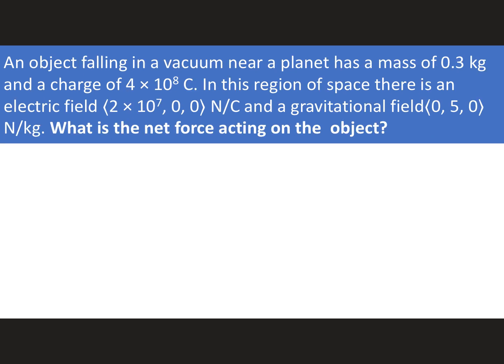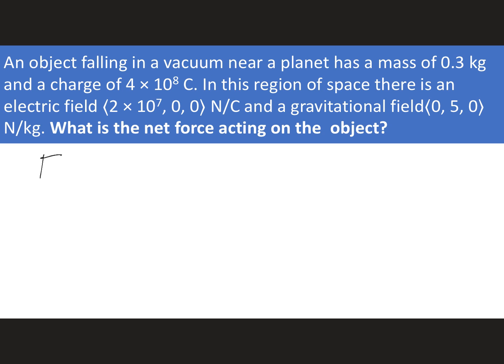All right, so again, simple math, but there's the decoding of the storyline first. So in that last one, we started to touch back on first semester things. And here we are again, an object falling in a vacuum near a planet. It's got a really small mass and a really large charge. And in this region of space, there's this electric field that's all horizontal, and then a gravitational field that's all vertical. What's the net force?